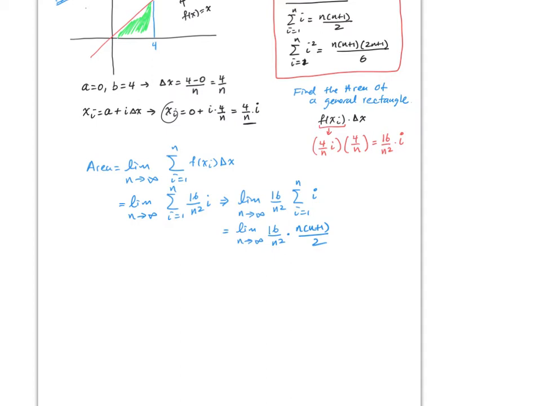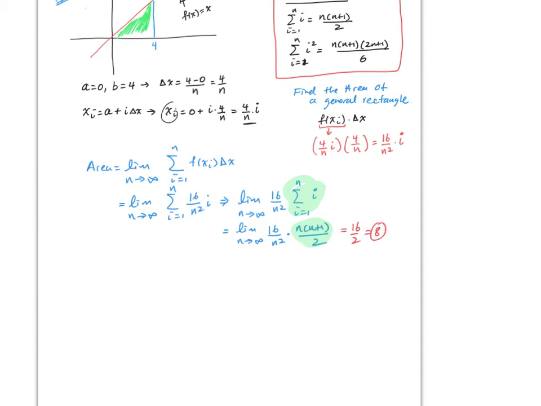So this is exactly that. And remember, this is one of the most basic limits. All you have to do is look at the degrees. The top is n squared, the bottom is n squared. So you just divide the coefficients. So this is equal to 16 over 2, which is equal to 8.